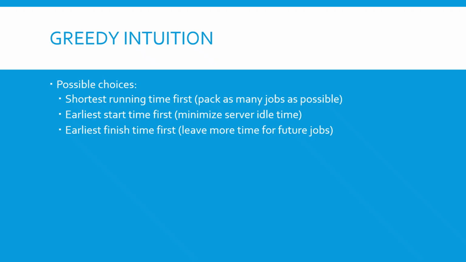Second, we might try selecting the jobs with the earliest start time. This approach attempts to keep the server busy as soon as possible and avoid idle time. Third, we can try selecting the jobs with the earliest finish time. The intuition is that finishing earlier leaves more room for future jobs.